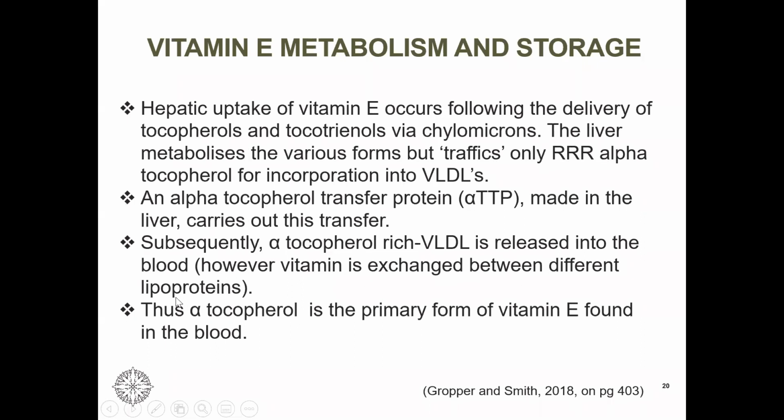And this is what is released in the blood. So the primary form of vitamin E is alpha tocopherol. That's the main thing to remember. So you can see the absorption is quicker now because we are repeating a couple of things here.